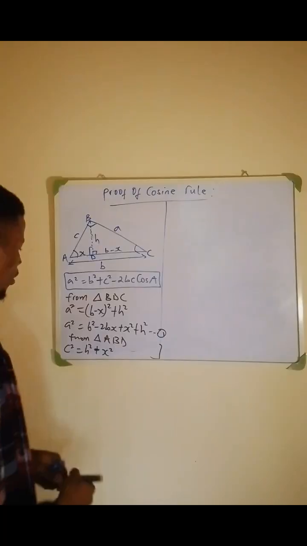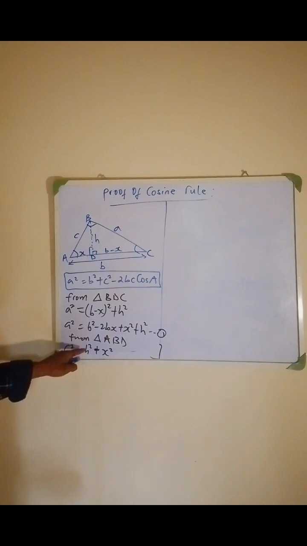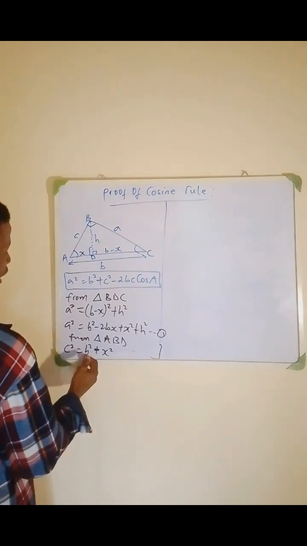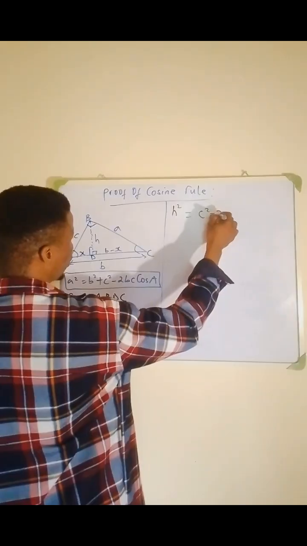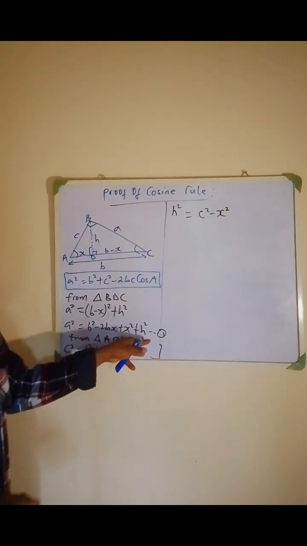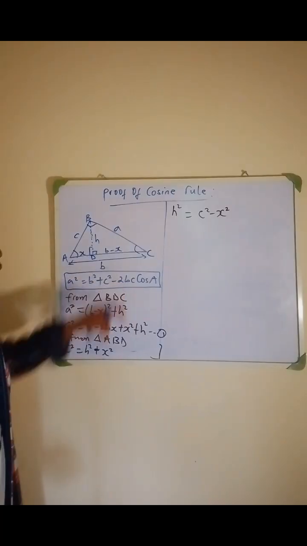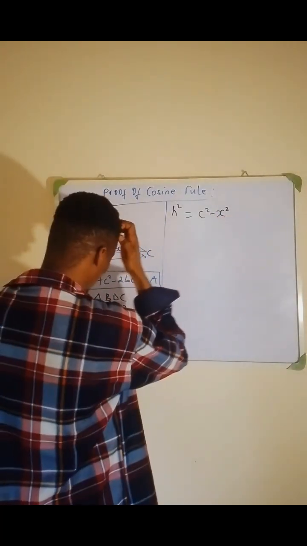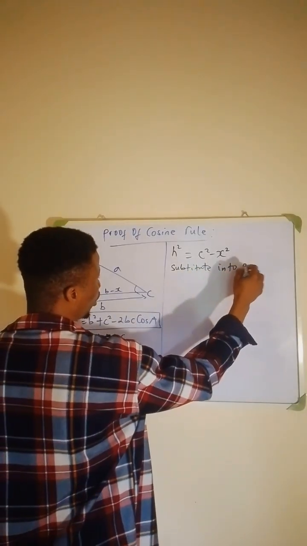From here, you can make h the subject of the formula. If you make h the subject, you have h square equals c square minus x square. That is because I want to eliminate h square from equation 1, since we don't have h in the cosine rule. So we substitute h square equals c square minus x square into equation 1.